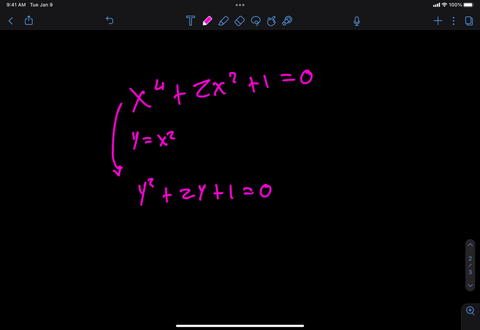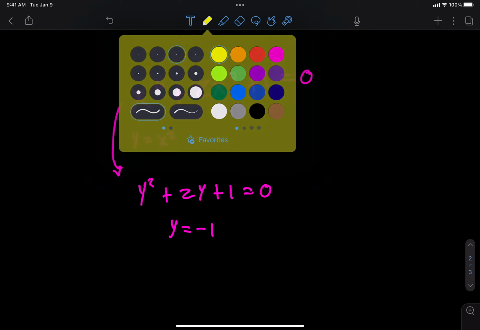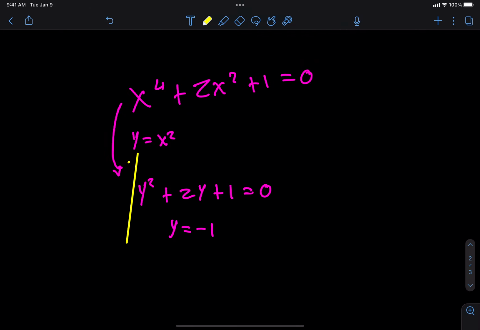So when we had this, what could we do? We could solve for y. We got y equals negative 1, right? And then finally, you still need to translate back, using y equals x squared to then say, therefore, x squared equals negative 1 and no solution, right?